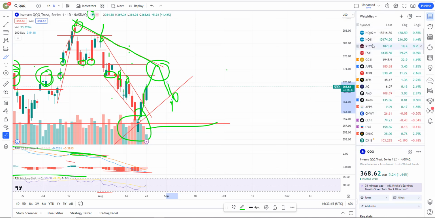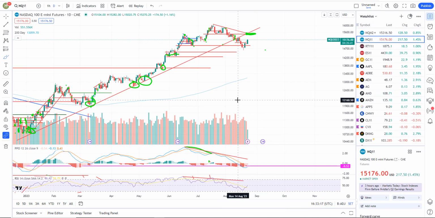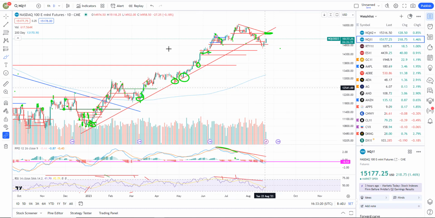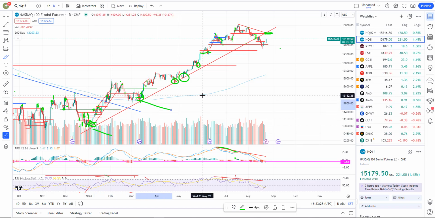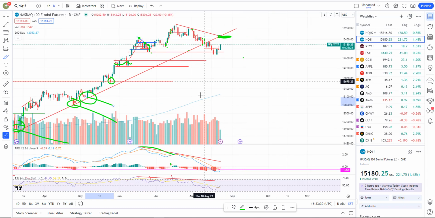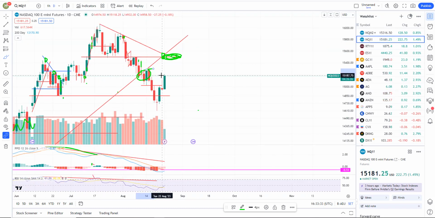We can look at the Nasdaq futures, see if there's any kind of different tell there. Now, Nasdaq futures already broke the uptrend line that it really started back in January of 2023. This is a daily chart on the futures. Support, support, support, support. Okay, and there's your breakdown and a sell signal. So maybe it's going to come in for a back test.